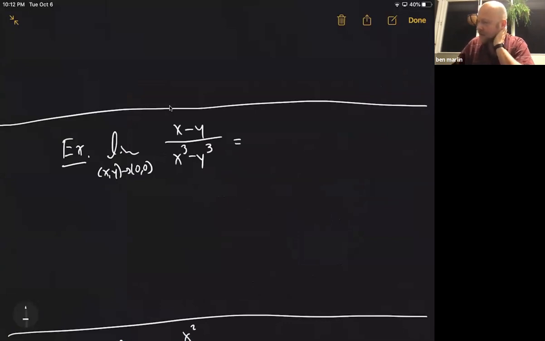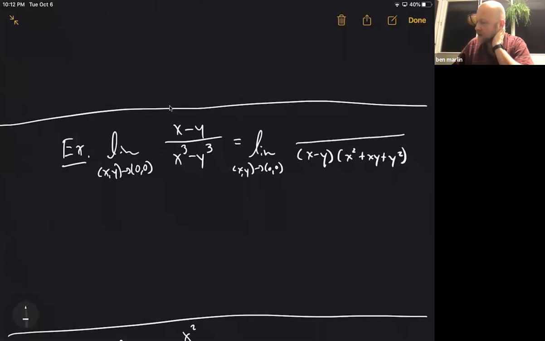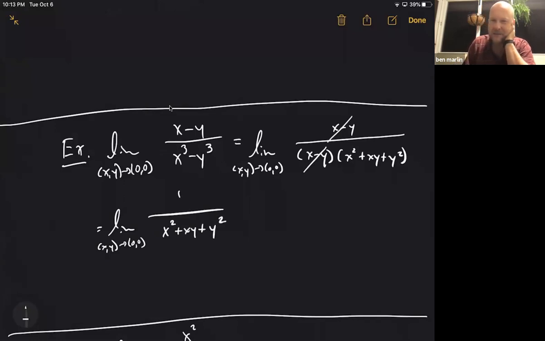So let's go back to what we're writing out and see if we can do something to simplify it a little bit. If you remember your algebra, you might spot that the bottom can be factored into x minus y times x squared plus xy plus y squared. It's a difference of cubes. All right? And then when you cancel those out, the limit you're taking is going to be just 1 over something like that, right?